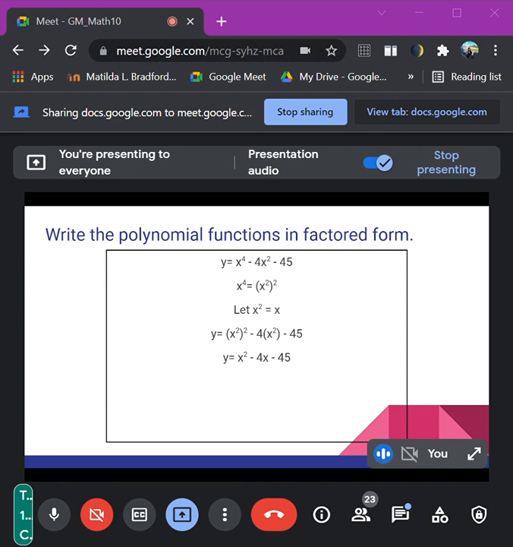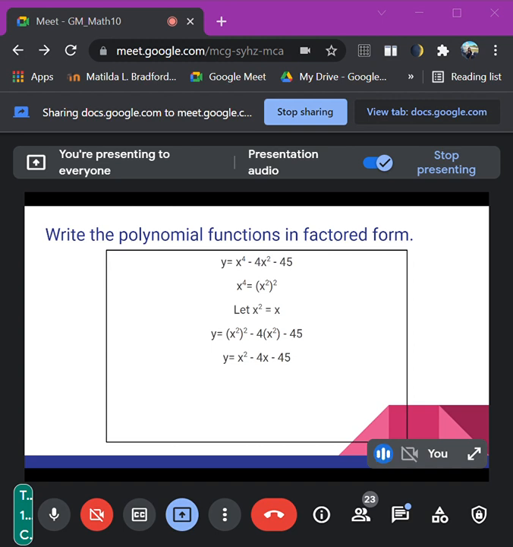Diba, for general trinomial, tanawon na nato ang last term. Kuhaon na nato ang factors, and then kung atong i-add, dapat na ang answer sa middle term. So, unsa may factor sa negative 45 nga kung atong i-add, mahimog negative 4? Ang factor sa negative 45, di ba, kay 9 ug 5.